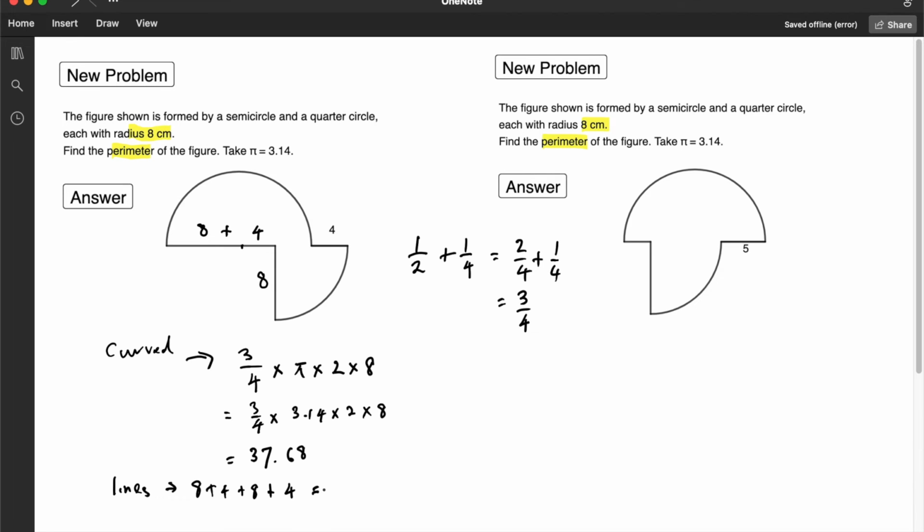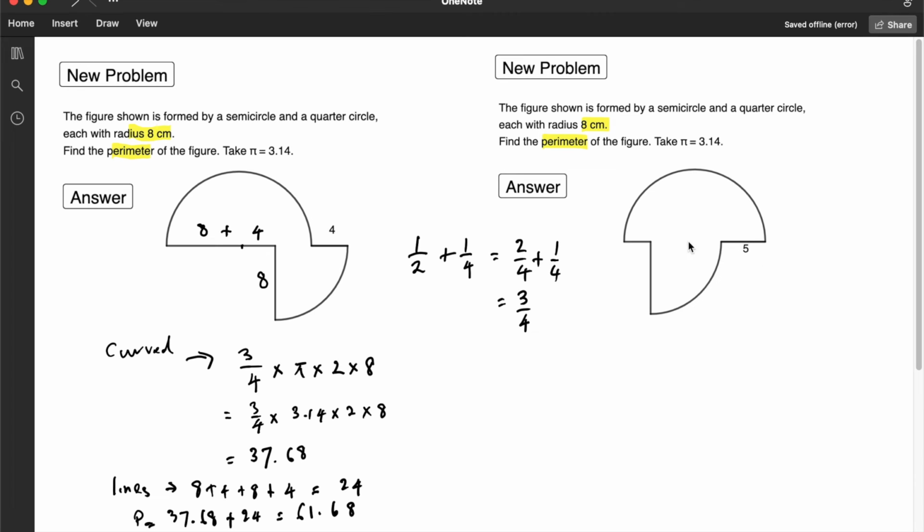So this is 24. So the perimeter is equal to 37.68 plus 24. I believe this will be 61.68.